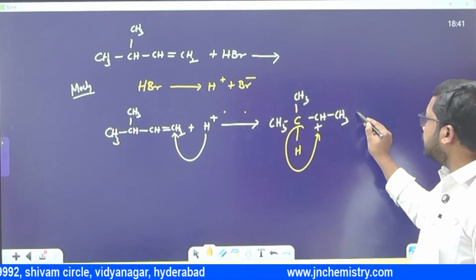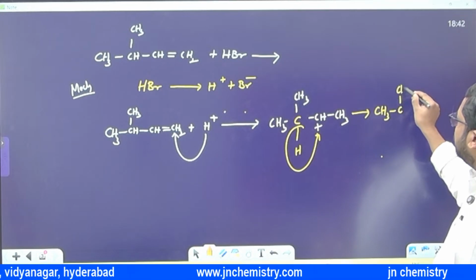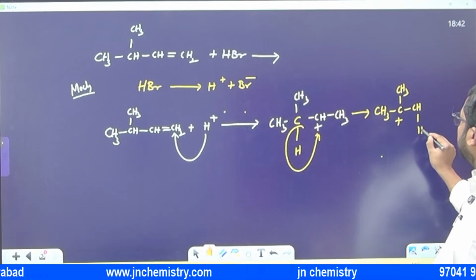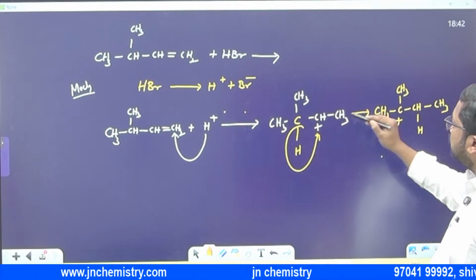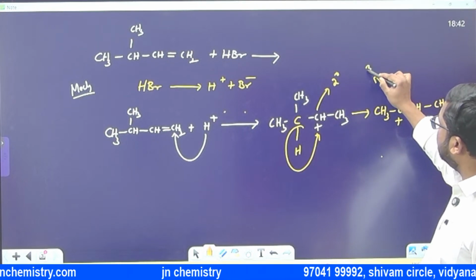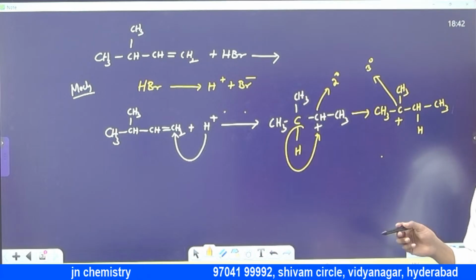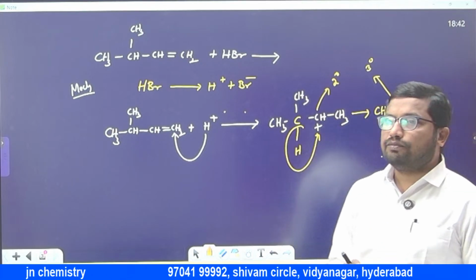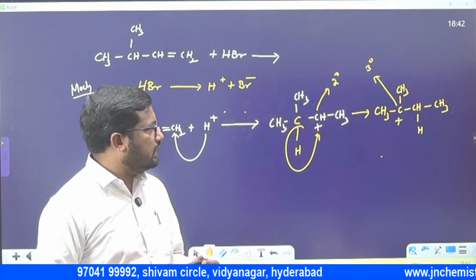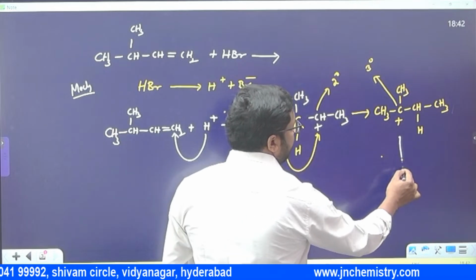Hydride shift takes place. Why hydride shift? I told you yesterday, this is a 2 degree carbocation, and the adjacent is a 3 degree carbocation. Whenever the adjacent carbon can hold a more stable carbocation, by default carbocation rearrangement takes place.